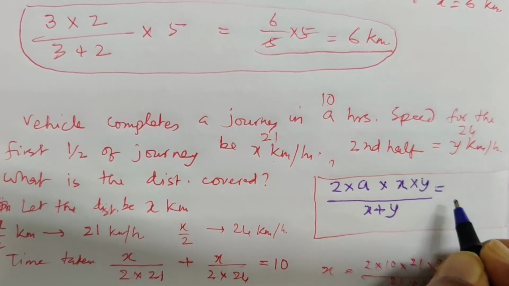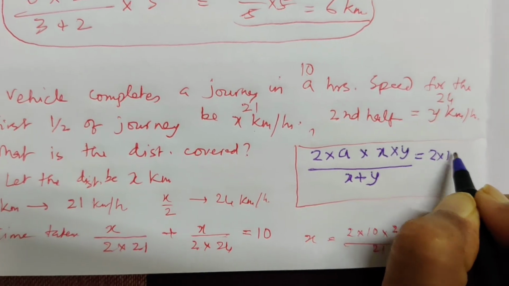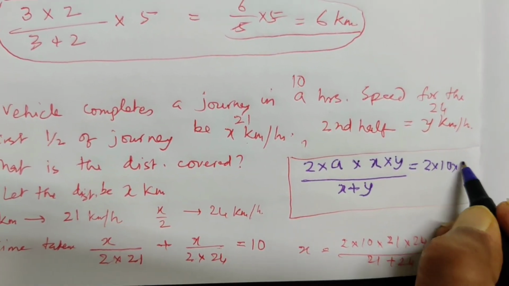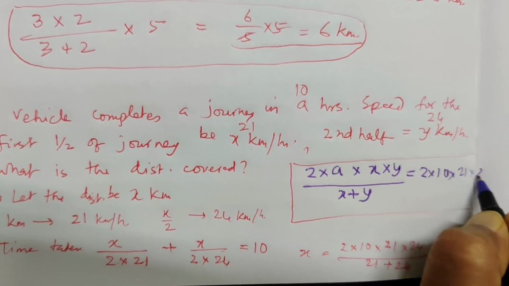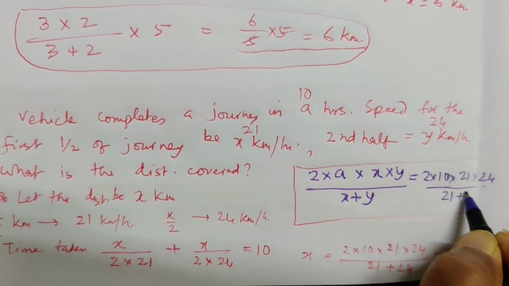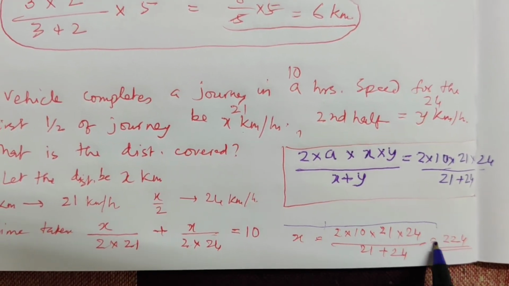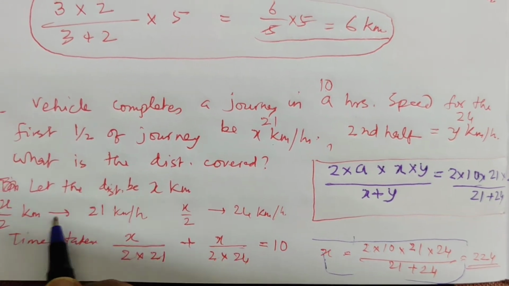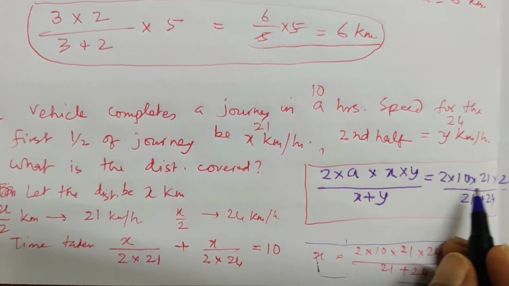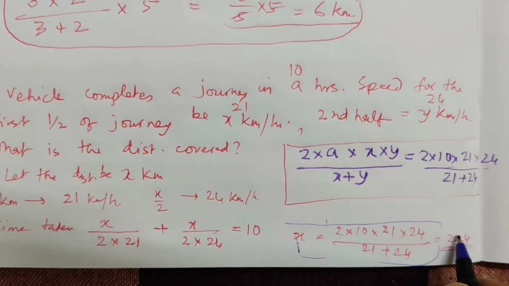Just do it in this way. So 2 into 10 into 21 into 24 divided by 21 plus 24. So only this one is our shortcut. Instead of doing all these things, we use only this much. So only this much gets our answer, that is 224.